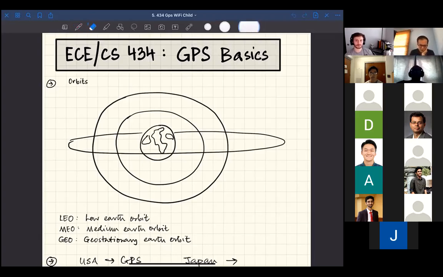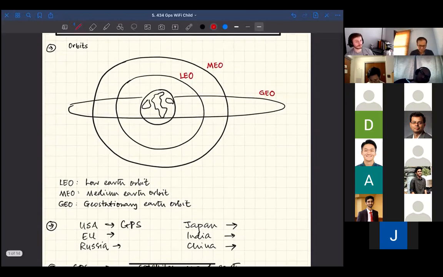If you think about the orbits around the world, there are three kinds of orbits largely. One is called the LEO, which is the low Earth orbit. The next is MEO, which is the medium Earth orbit. And the farthest away one is called GEO, which is geostationary Earth orbit. Okay. So here is LEO, MEO, and GEO, the full forms.